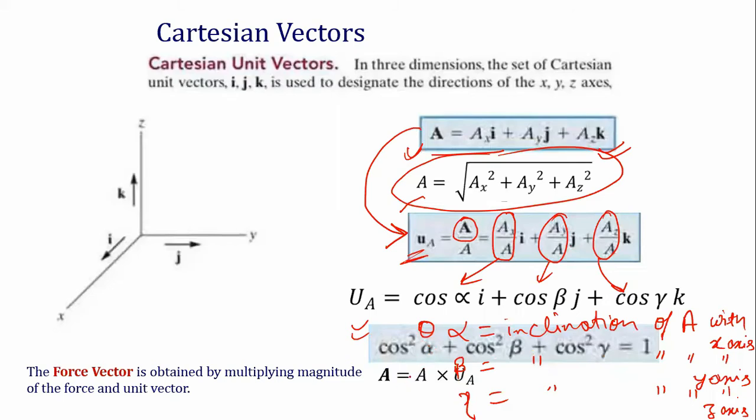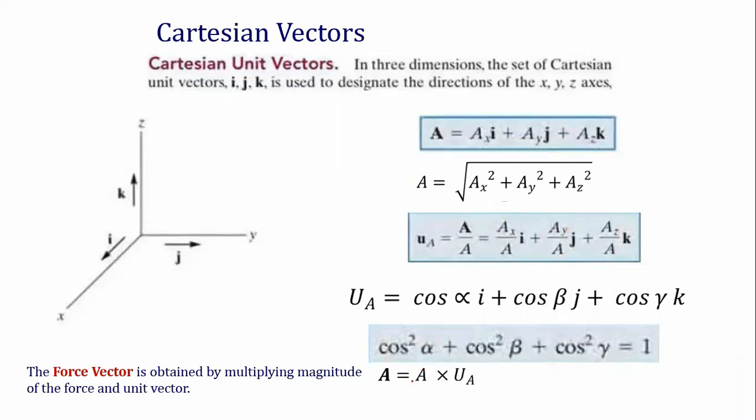And there is another formula, that is vector A is equal to A times UA. In the previous lecture, I said that if a letter is written in bold, then it represents a vector. Otherwise, it represents a scalar. So if letter A is written in bold, then it represents the force vector or any vector. And if the same letter is written without bold, then it represents the magnitude of this vector.